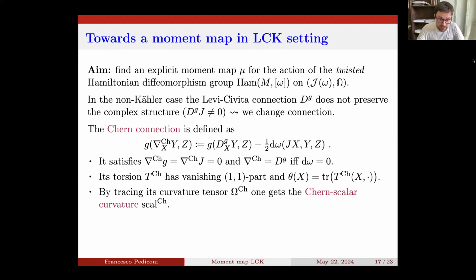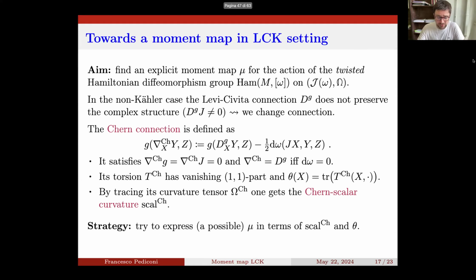And moreover, by tracing the natural curvature tensor you obtain from this connection, you get a function which is in a sort the complex analog of the scalar curvature, and usually one refers to it as the Chern scalar curvature of the manifold. So the strategy here is we would like to express a possible moment map in terms of both the scalar curvature of the Chern connection and theta, that corresponds to traces of the curvature and the torsion. So it seems pretty reasonable, like from a certain viewpoint.